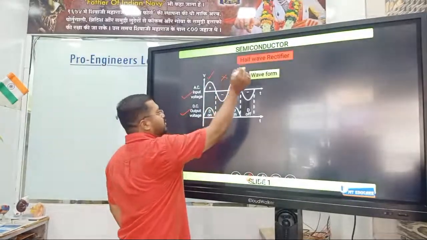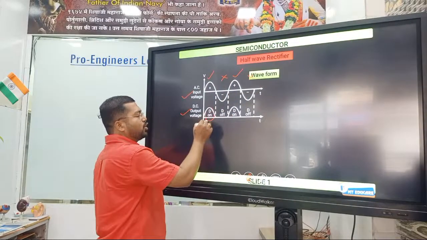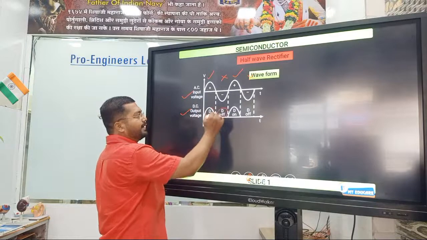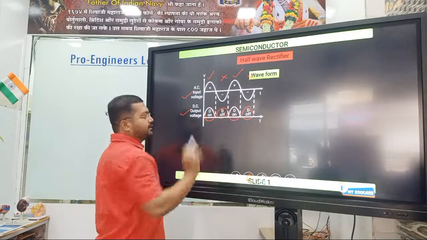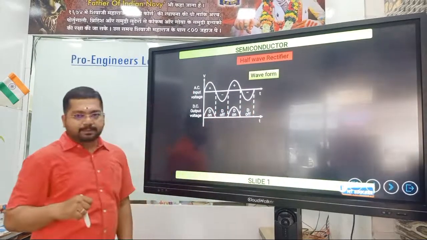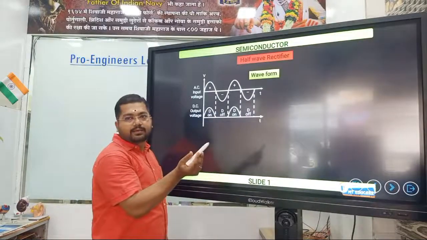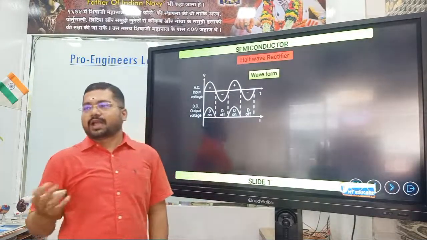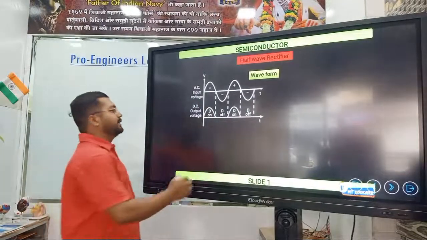So D is on at positive, D is off at negative, and this is the waveform, right? And why it is called a half wave rectifier is very clear, because it is conducting only one half cycle, and therefore it is called a half wave rectifier.